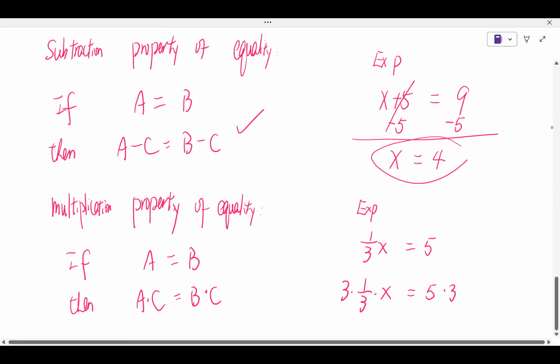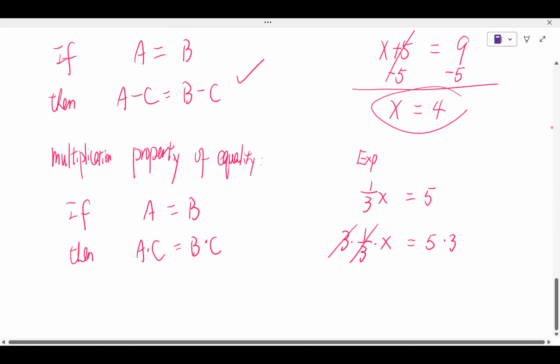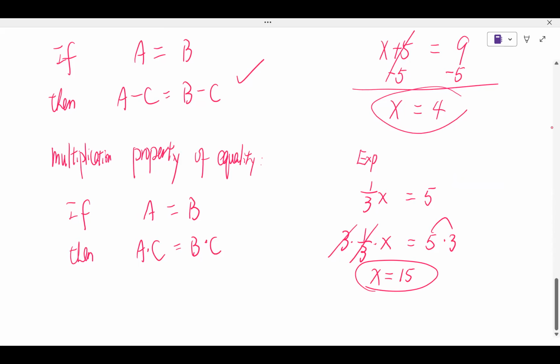On the left, the 3 and 1/3 cancel each other. They are reciprocals. Now x is by itself. 5 times 3 is 15. So again, it's like the opposite: it's 1/3, but we multiply by 3.